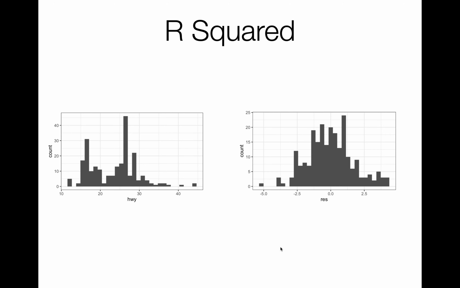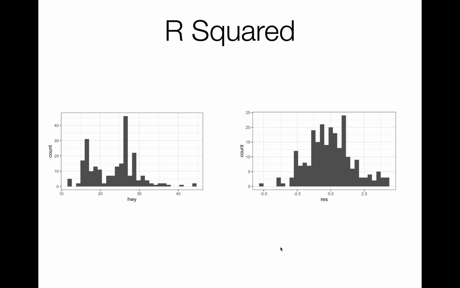This slide talks about a different interpretation of r squared. It can also be interpreted as the percent of variation that goes down based on the relationship between x and y.